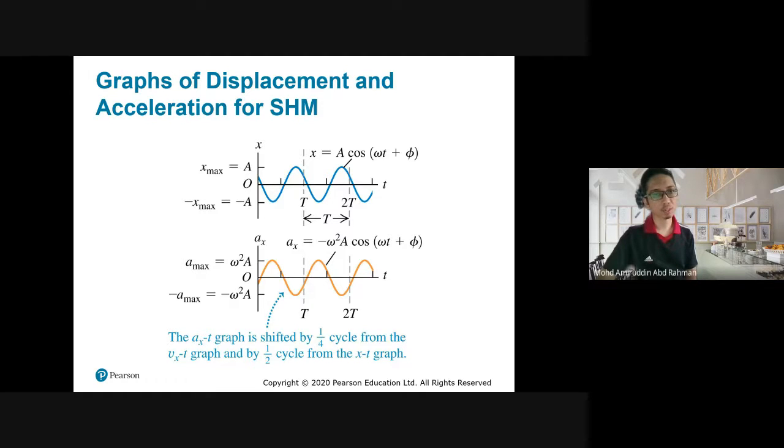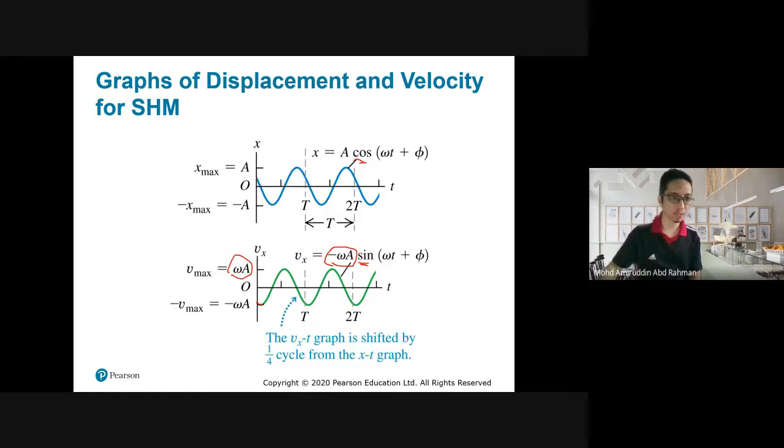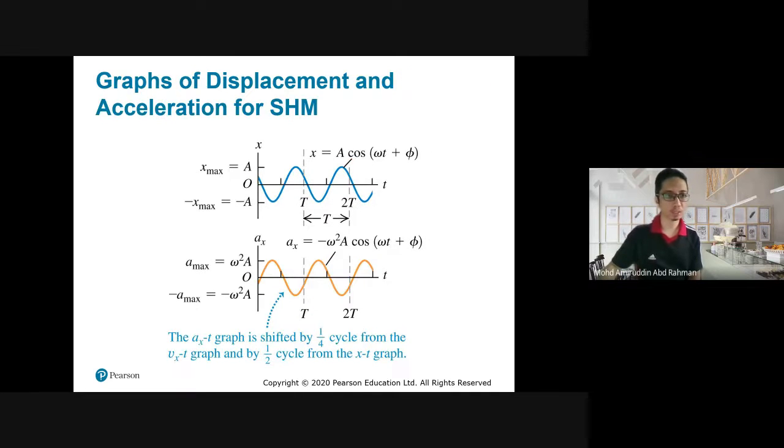Then we have the graph shifted by 1/4 cycle from this v-t graph and half cycle from the x-t graph. So this is what we will have. For this we have the speed graph, v_x. Compared to this one, we have the acceleration graph.